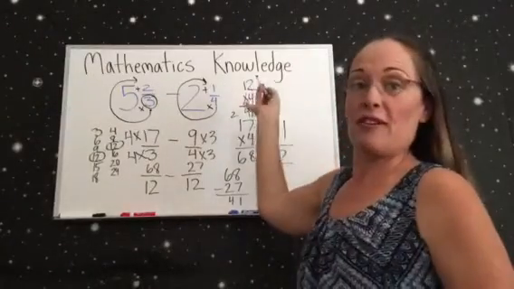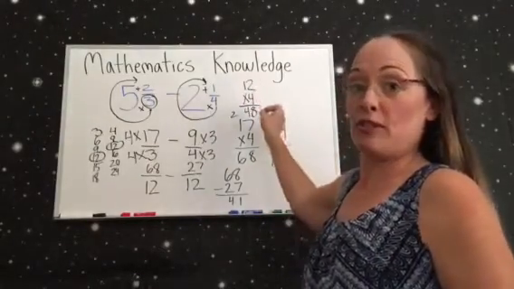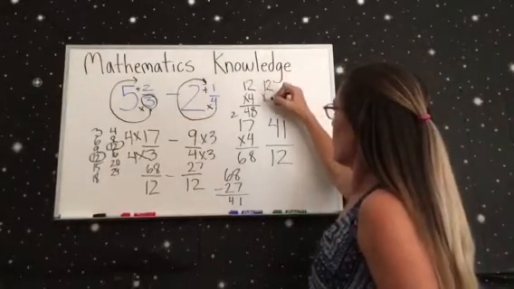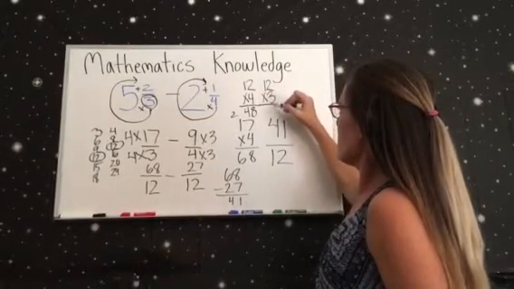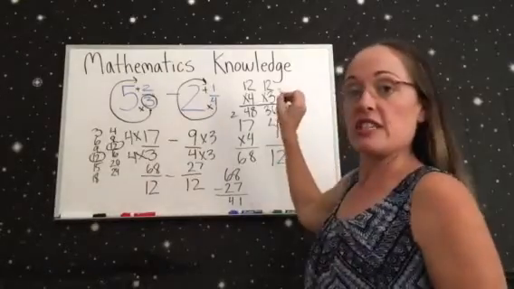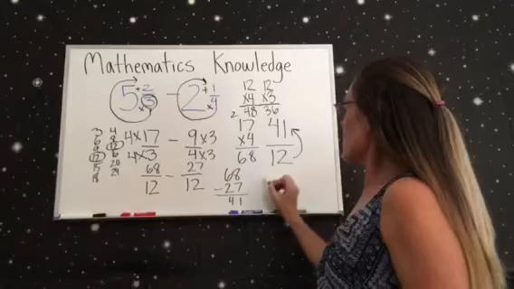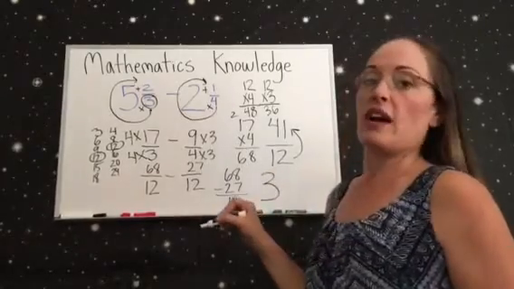So it's okay if you think you have it correct, but do the multiplication just to make sure. This is a perfect example of that. So 12 times 3 is 36. So we're going to say 12 goes into 41 3 whole times.